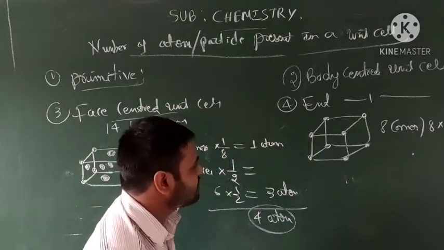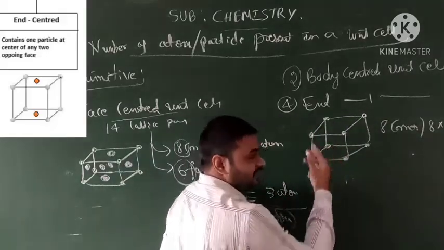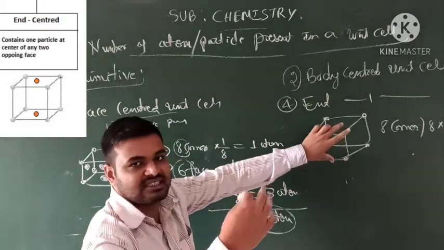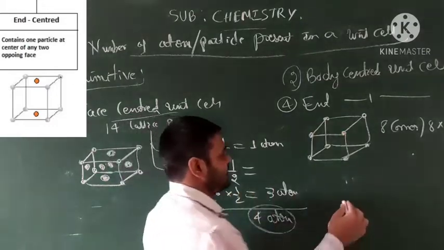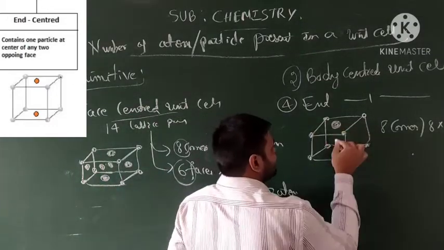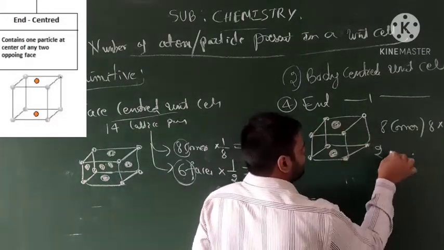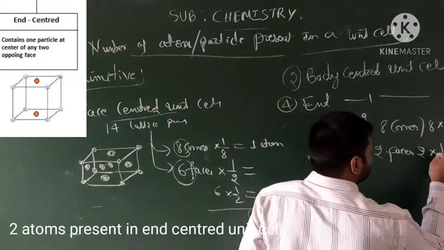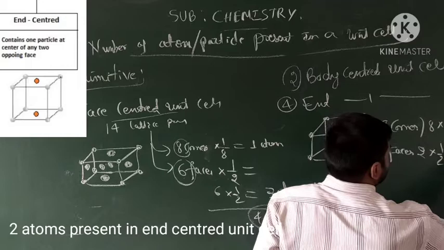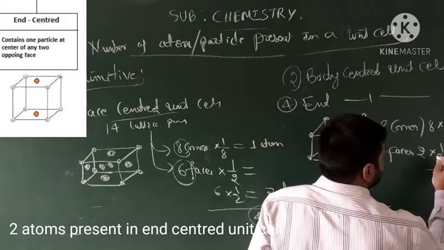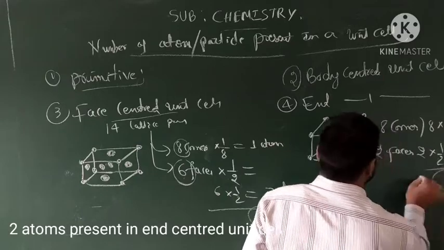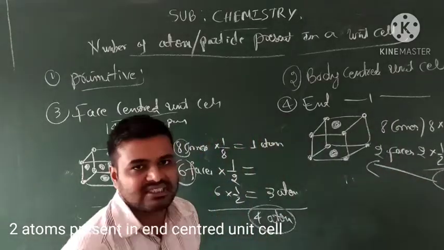Okay. Next, how many faces can we observe? In the end centered cell, opposite alternate faces. This is 1 face, this is 2 faces. We can observe 2 faces. 2 faces means 1/2 each, which is 1 atom. So you get 2 atoms in the end centered unit cell.